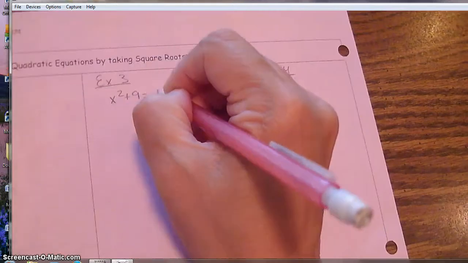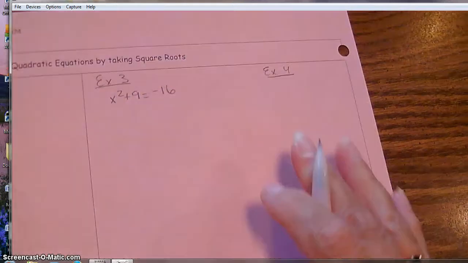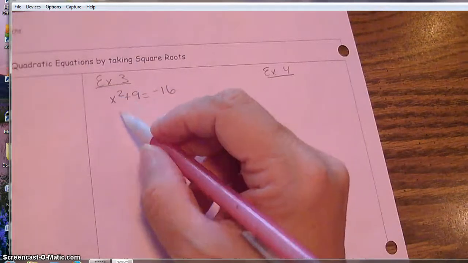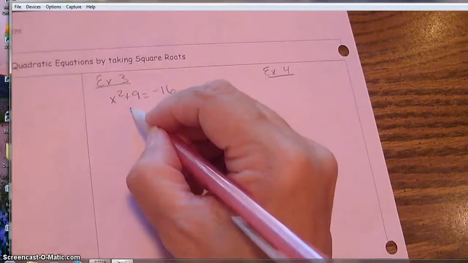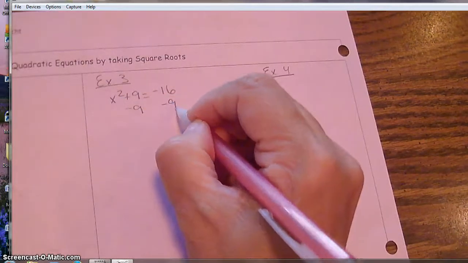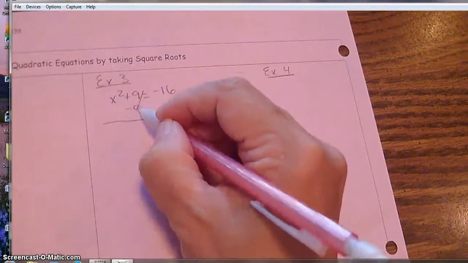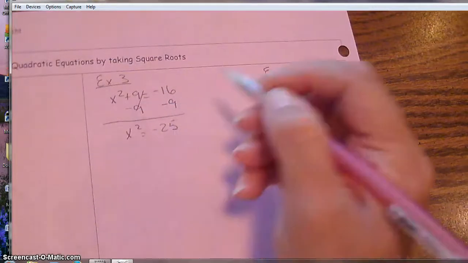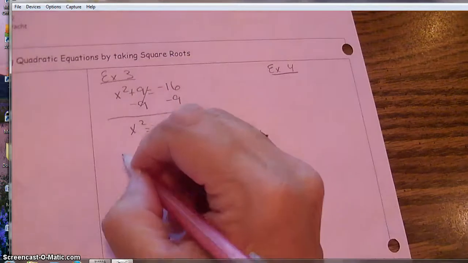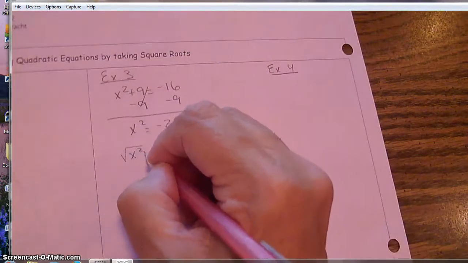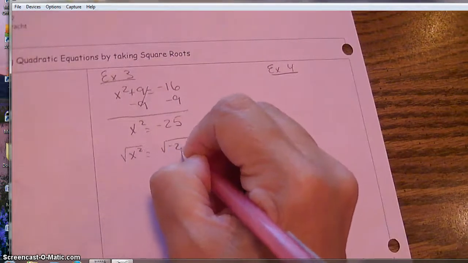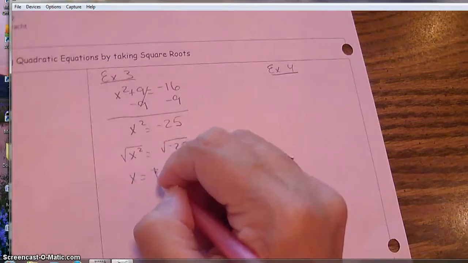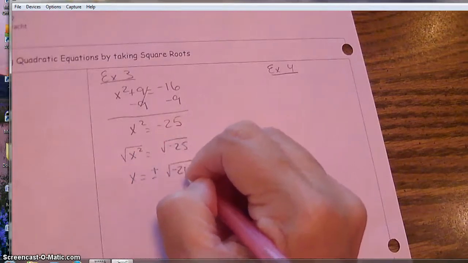Alright, our third example is x squared plus 9 equals negative 16. Again, we need to isolate the squared term, so I'm going to subtract 9 from both sides, cancel out on the left. I'm left with x squared equals negative 25. So again, take the square root of both sides. The square root of x squared is x, and this gives me plus or minus the square root of negative 25.